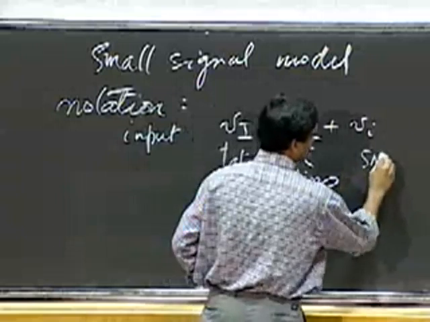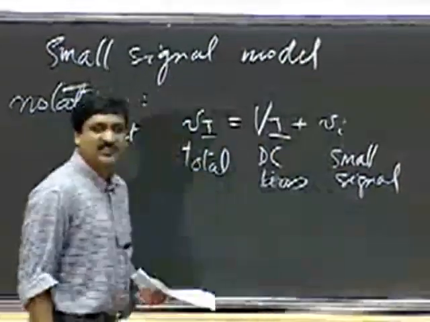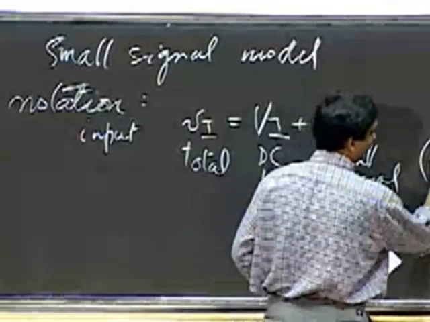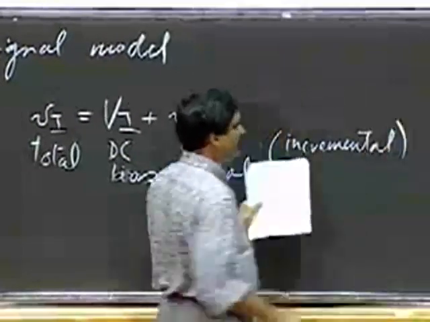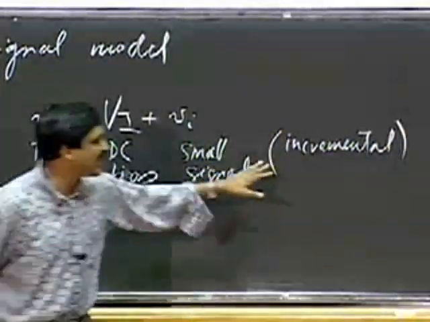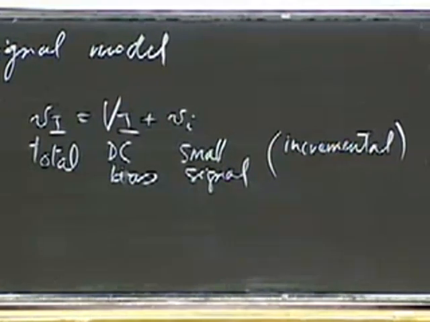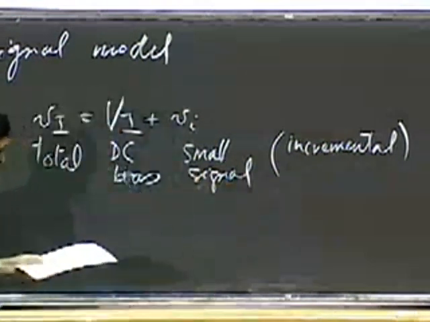And this is my small signal input. It's also variously called incremental input. This is more a mathematical term relating to incremental analysis or perturbation analysis. So call it small signal, small perturbation, increment, whatever you want.